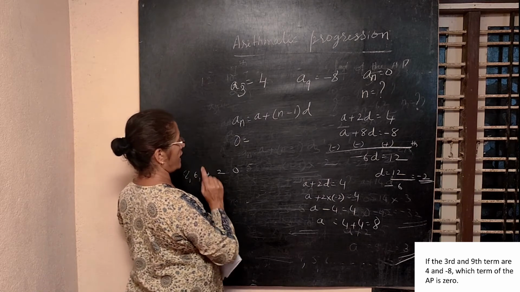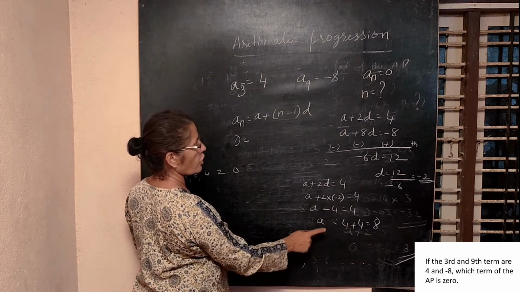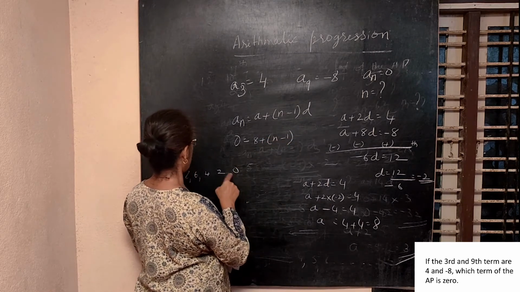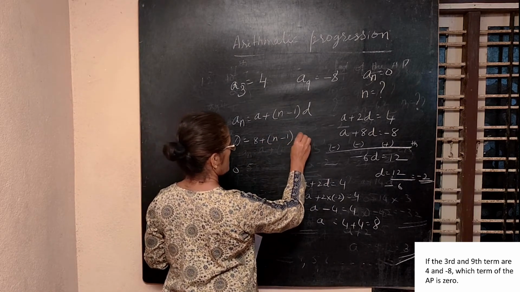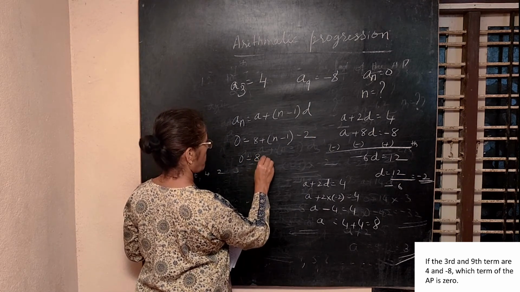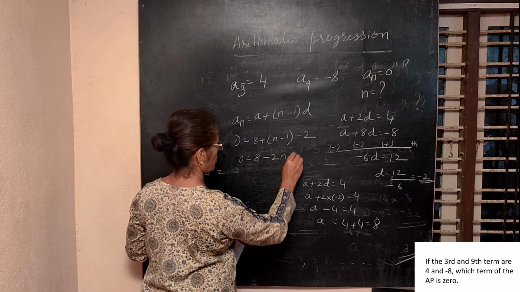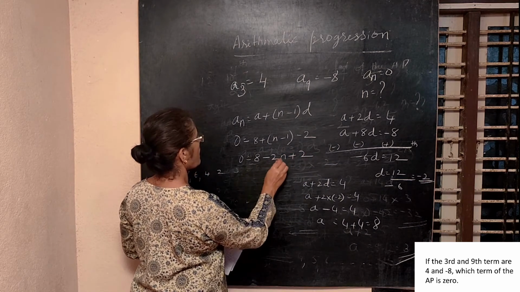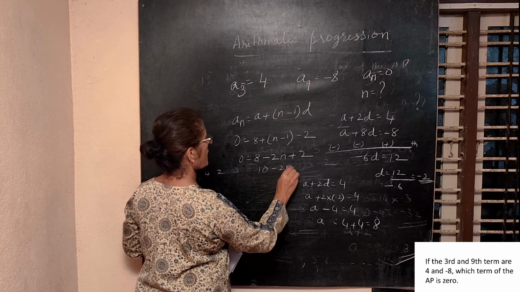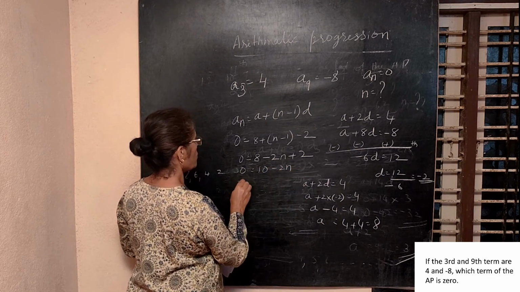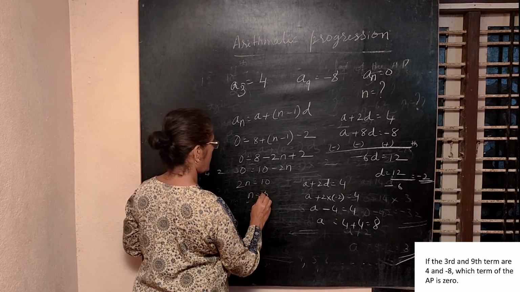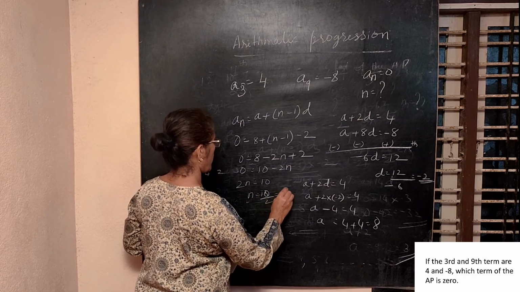Let us see whether it is correct. A is how much you got? 8 plus n minus 1 into D, what is D you got? Minus 2. So you get 0 is equal to 8 minus 2n plus 2. So you got 8 plus 2, 10, minus 2n is equal to 0, 2n is equal to 10, n is equal to 10 divided by 2 is equal to 5.